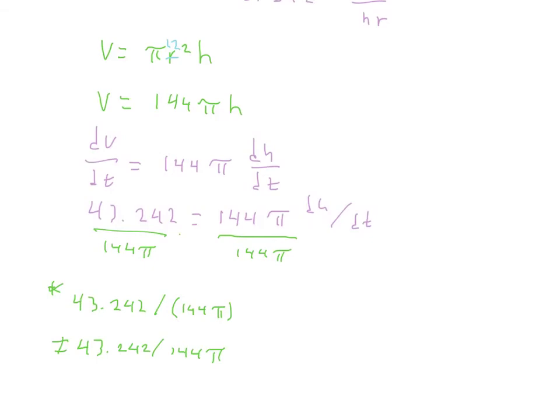We want to divide by that quantity, 144 pi. And when we do this out, dh dt is equal to 0.095, and the height will be increasing in feet per hour.